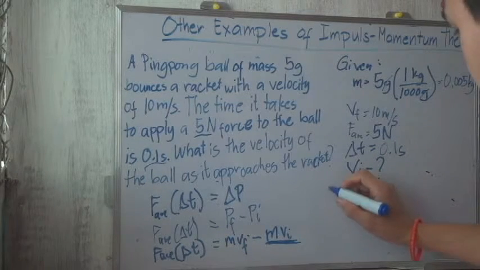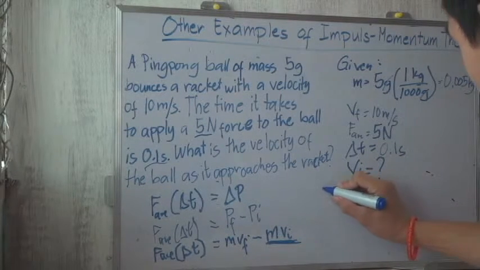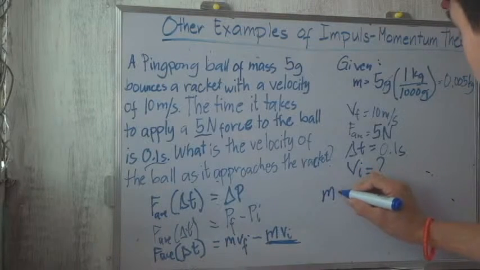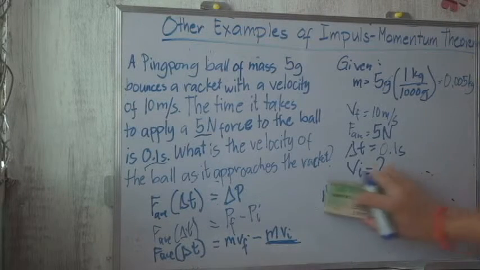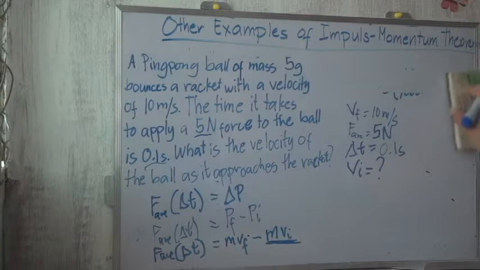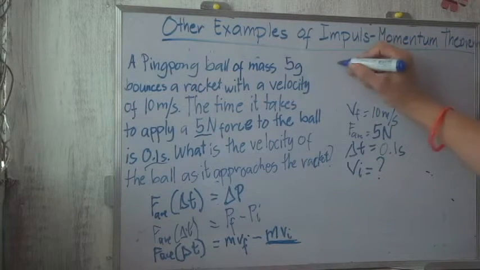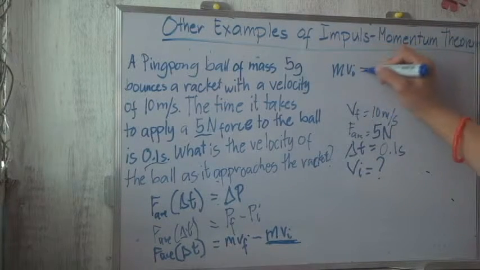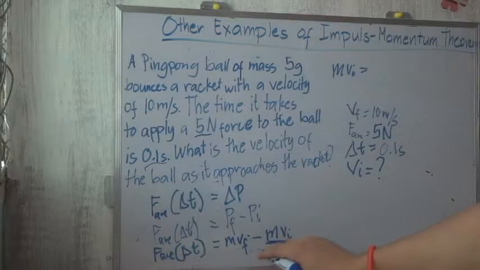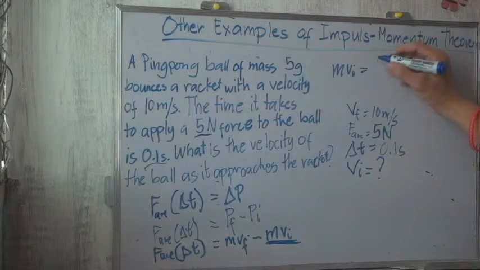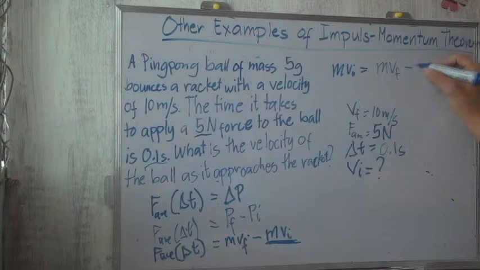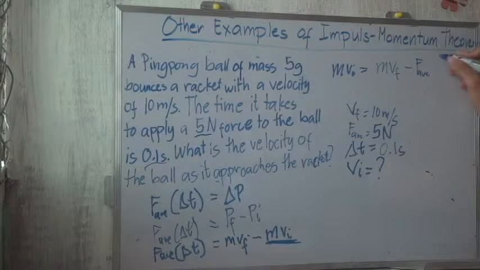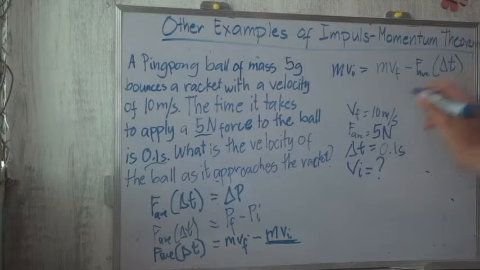So, nanatay mass times velocity nga initial is equal to the mass times velocity nga final minus sa force average times change in time.